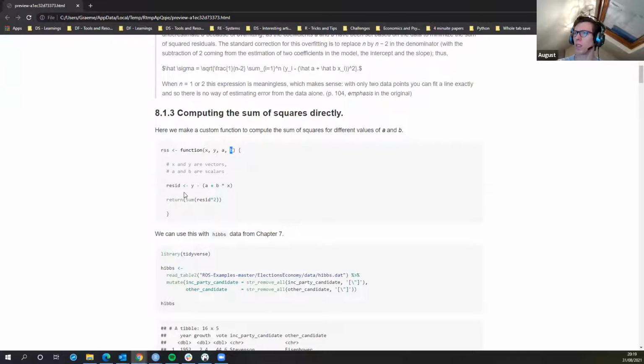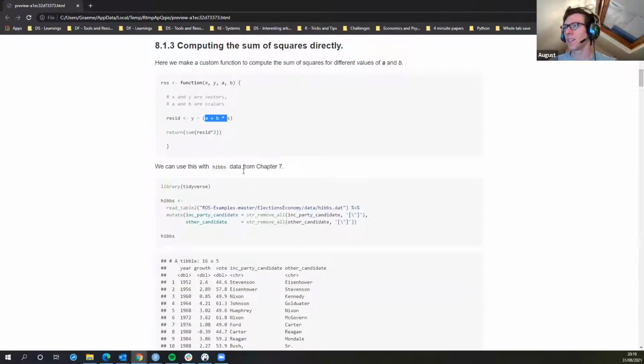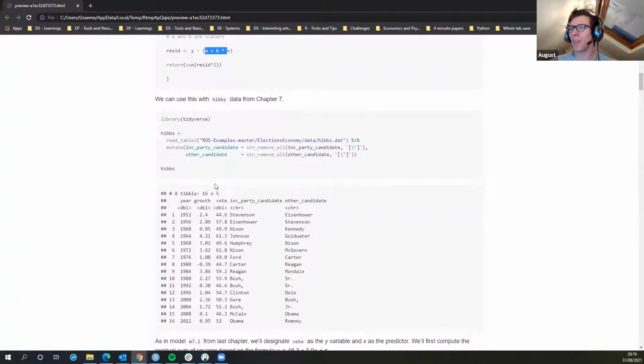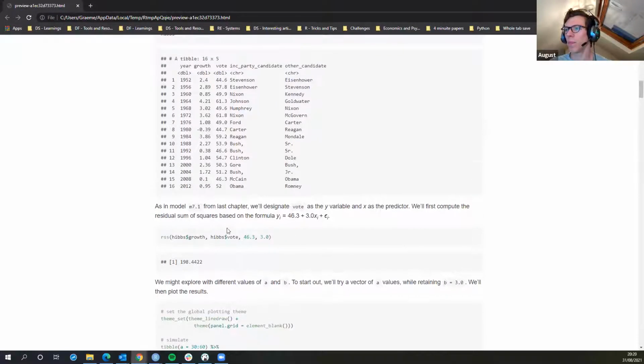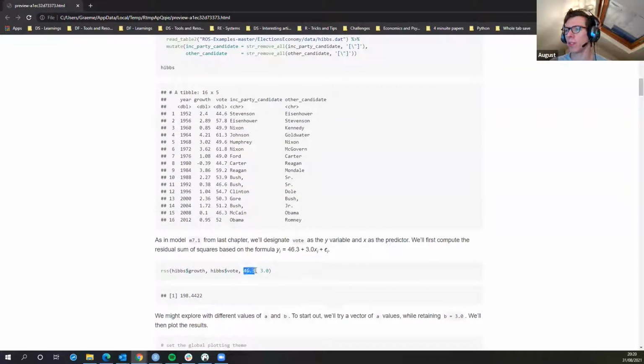And that should return y minus (a plus b x). So this is your predicted value, so it's just the actual value minus the predicted value. Okay, you think they could say that? And then this is application of that, being based on the regression that was calculated earlier on.